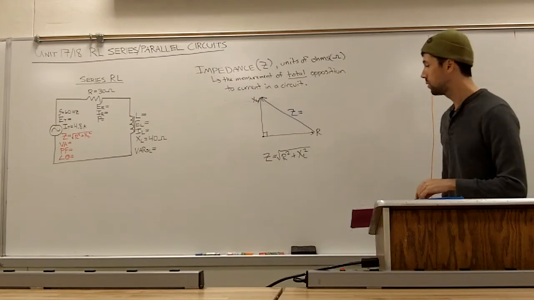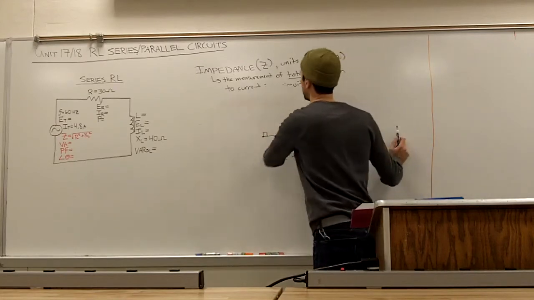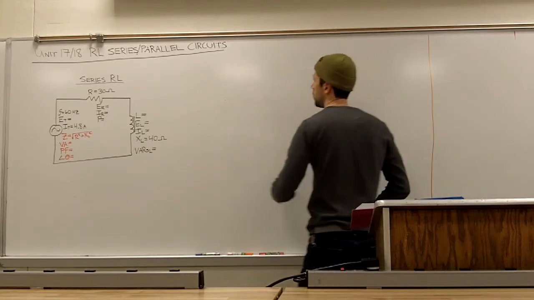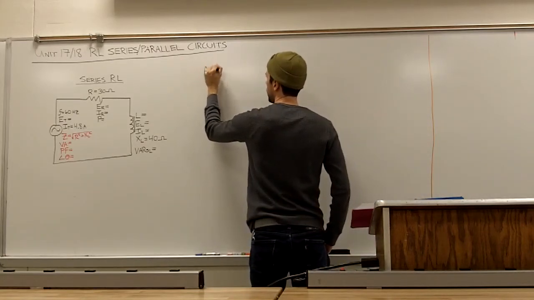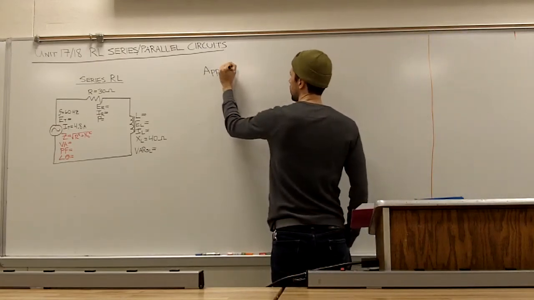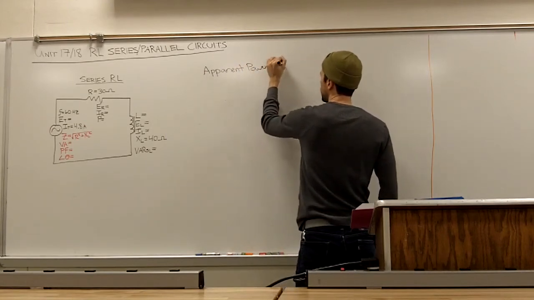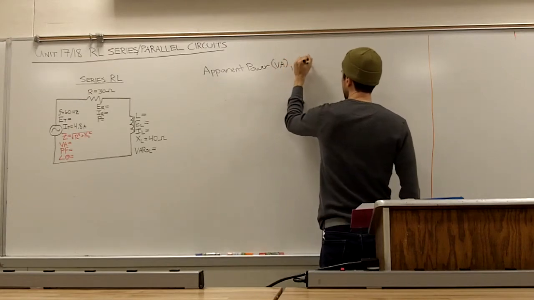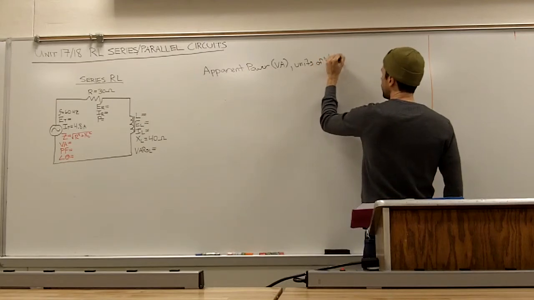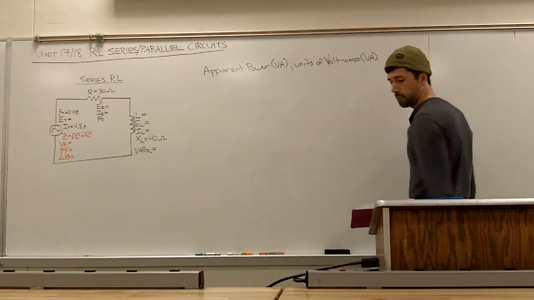Our next circuit value, right here, VA, is known as apparent power. Apparent power, symbolized by the letters VA, also has units of volt amps, symbolized also by the letters VA.